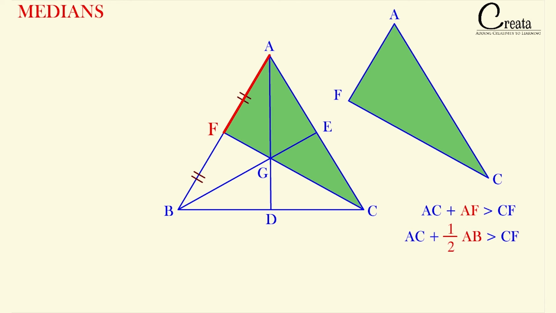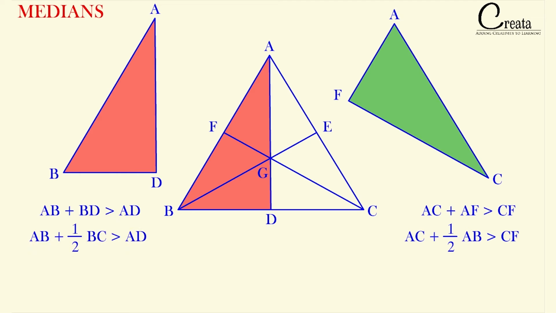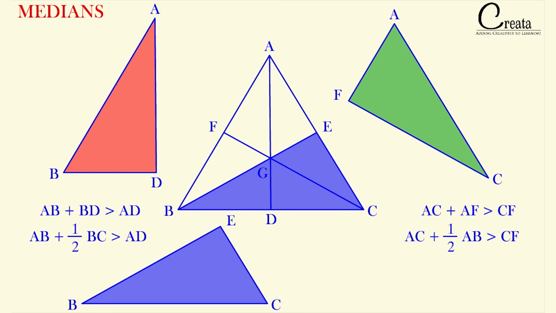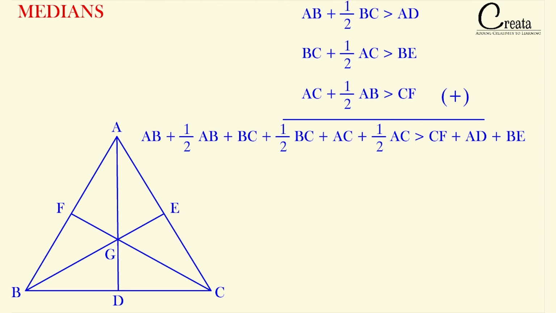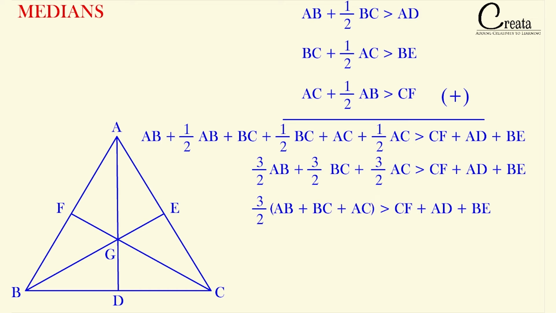Similarly, if we take the triangle ABD, we can say AB plus half of BC is greater than AD. Same philosophy we have used. And similarly, in the triangle BEC, we can say BC plus half of AC is greater than BE. If we add all these three inequalities, we get 3/2 times (AB plus BC plus AC) is greater than CF plus AD plus BE.